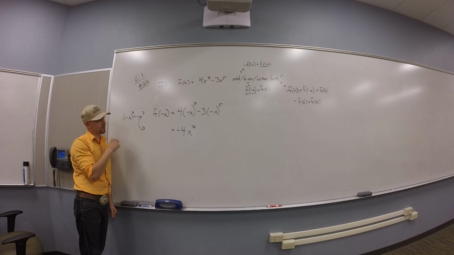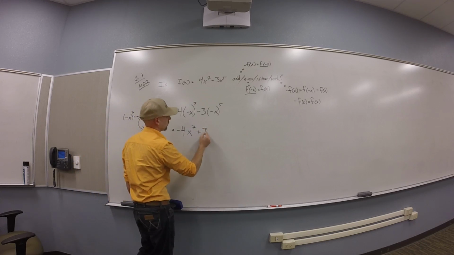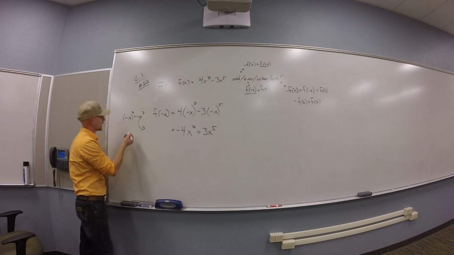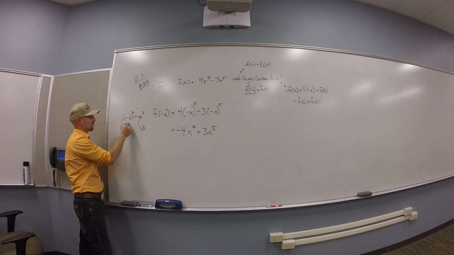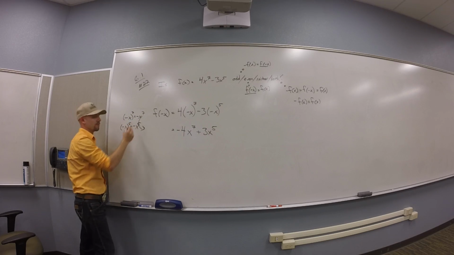And for the 5th, what do you got? Plus 3x to the 5th there. And that's again the same argument. Negative x to the 5th is negative x to the 5th.